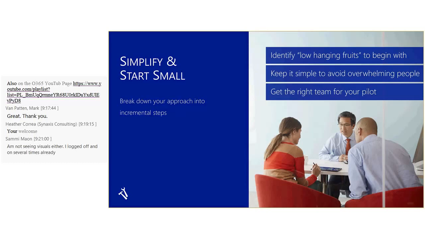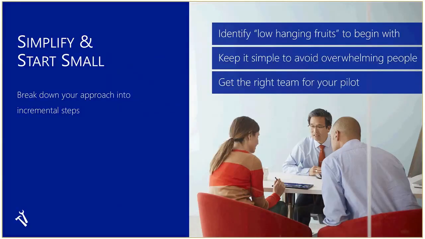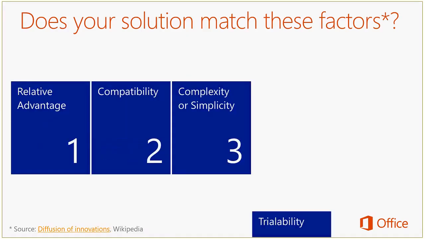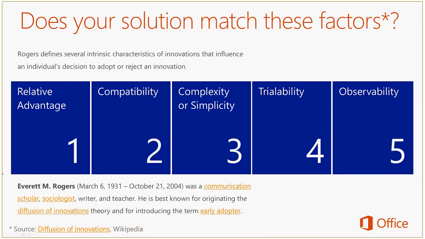A little bit of theory before I go to the results from the research. This slide comes from an article I found on Wikipedia, based on diffusion of innovations. This is a theory that Everett Rogers worked on.